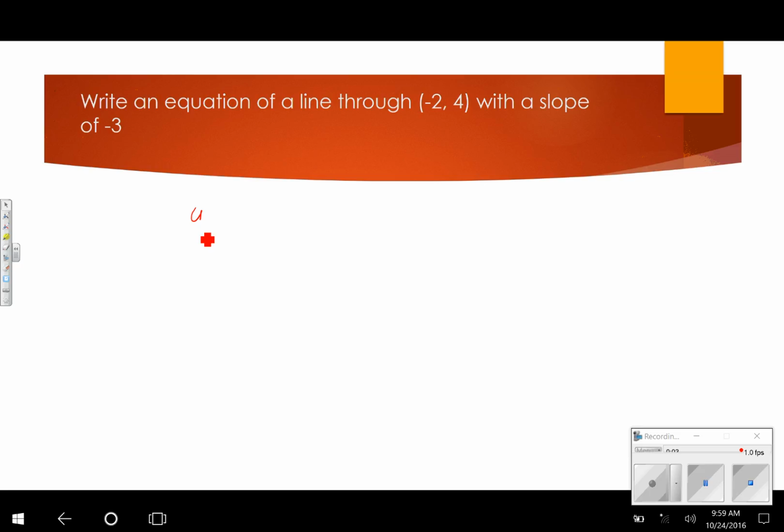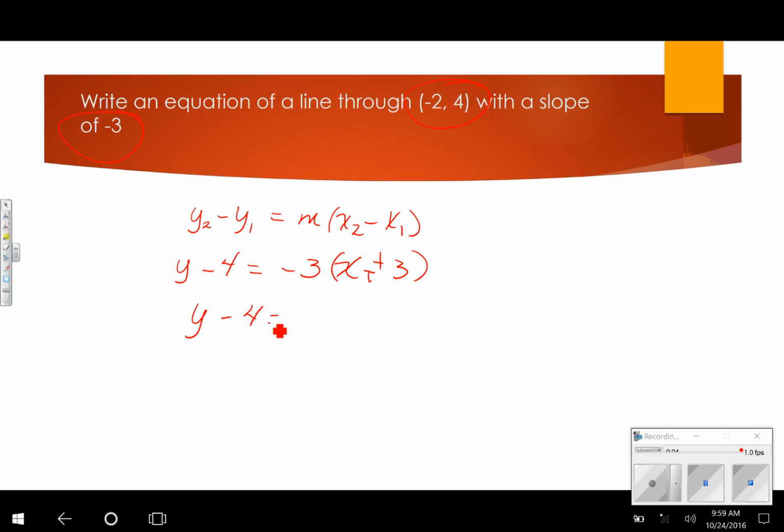So I'm going to use the point-slope formula because that's what I have, a point and a slope. And I'm going to sub in what I know. I'm going to sub in this for x1 and y1. I'm going to sub in this for the slope. So y minus 4 equals negative 3 times x minus a negative 3, which of course is positive 3. So my equation is y minus 4 equals negative 3 times x plus 3.